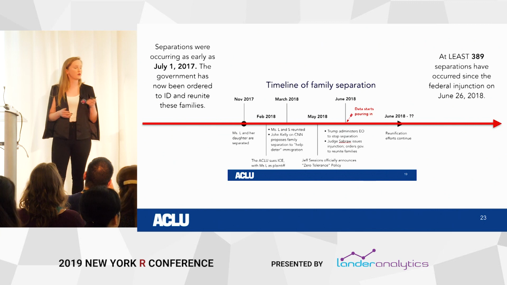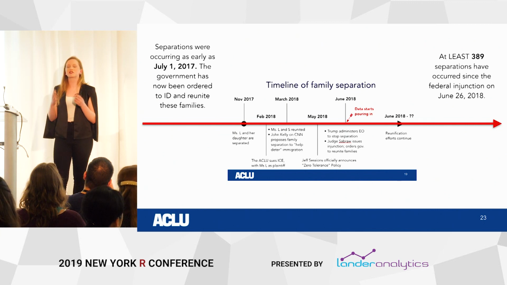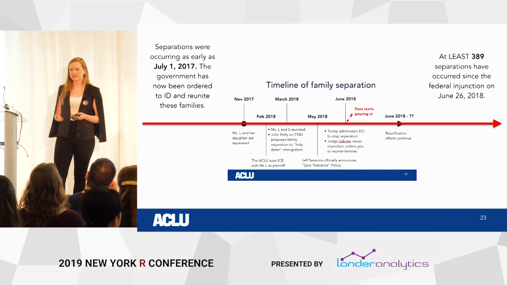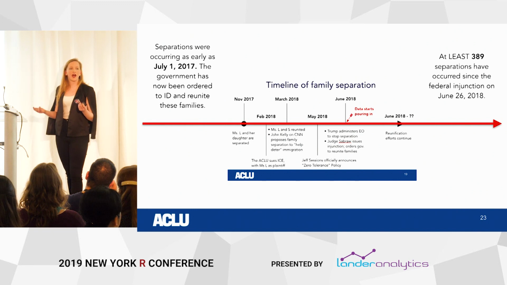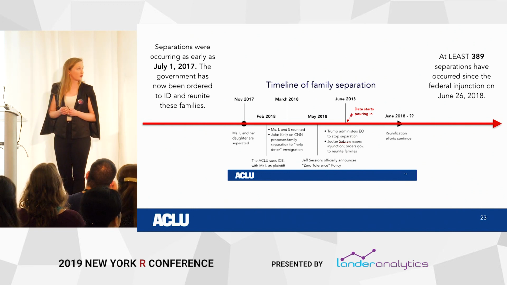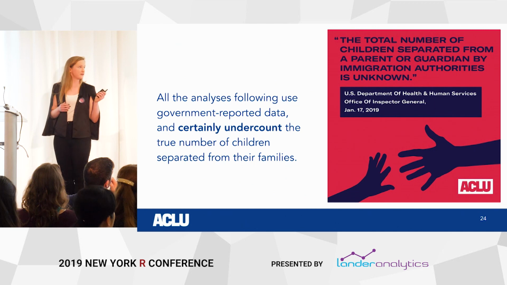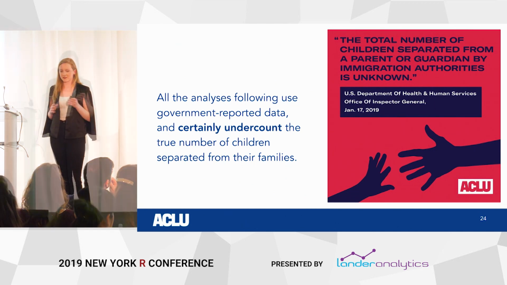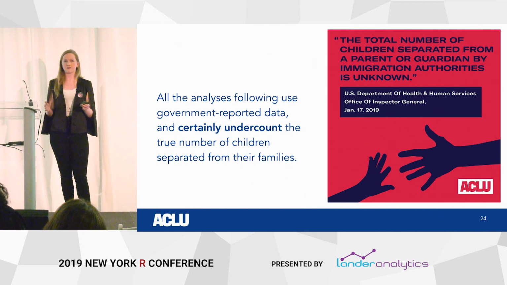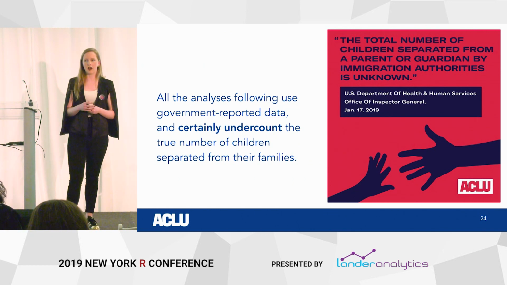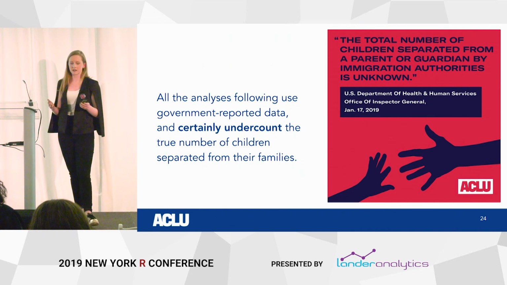However, we've seen criminal exclusions be something as simple as a parking ticket, or as the crime of entering the United States. I also want to caveat everything I'm saying with the fact that the government has admitted that they don't know how many families have been separated. And so the data that we're analyzing in this case are the records that they're required to report to us, but it's definitely an undercount.